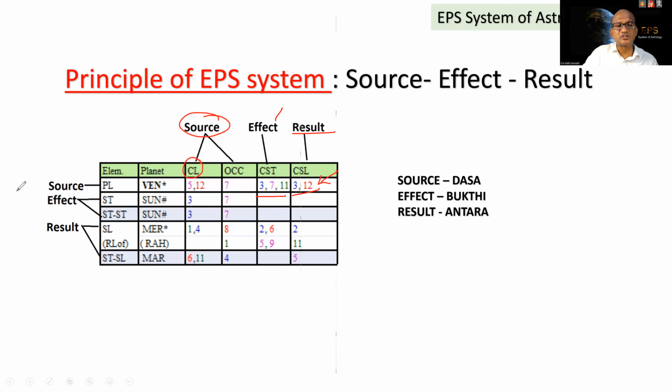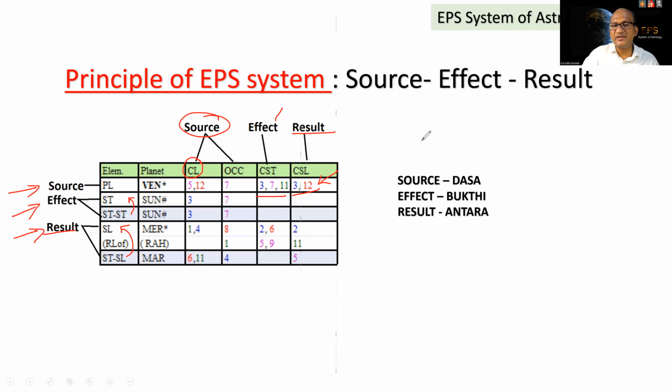The planet is the source. The star lord is the effect, and the star lord of the star lord is a supportive level to the star lord. The sublord is the result, and the star lord of the sublord is a supportive level to the sublord. This way, source, effect, and result have to be studied step by step.